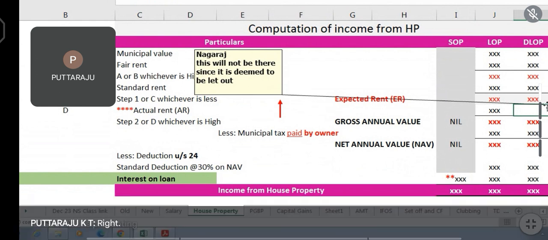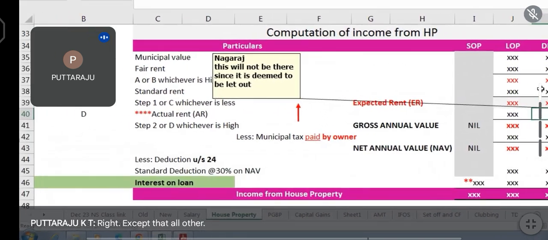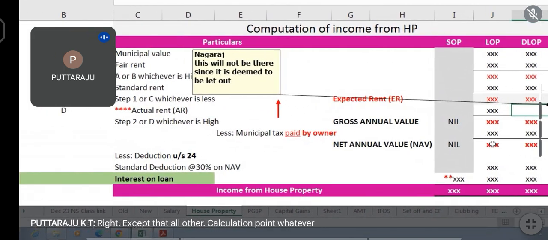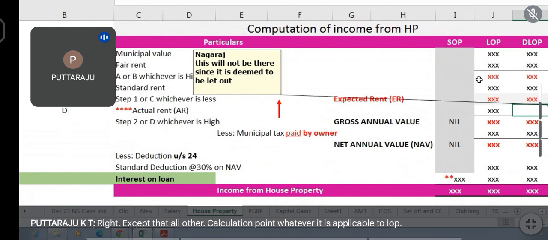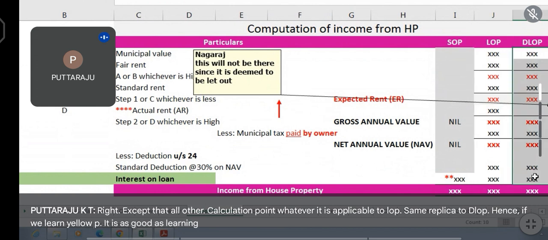Except that, all other calculation part, whatever is applicable to LOP, is the same replica for DLOP. Hence, if we learn LOP, it is as good as learning DLOP. Hence, I will explain only LOP.